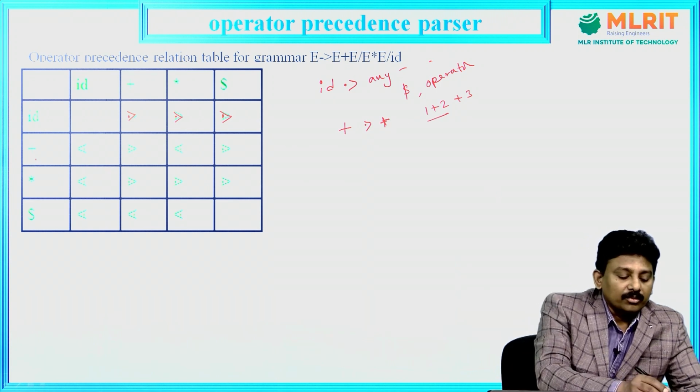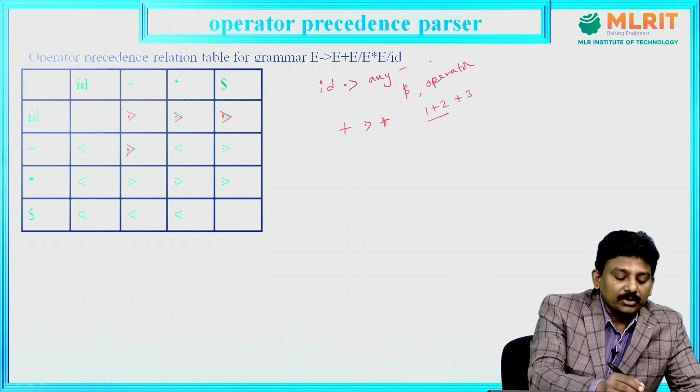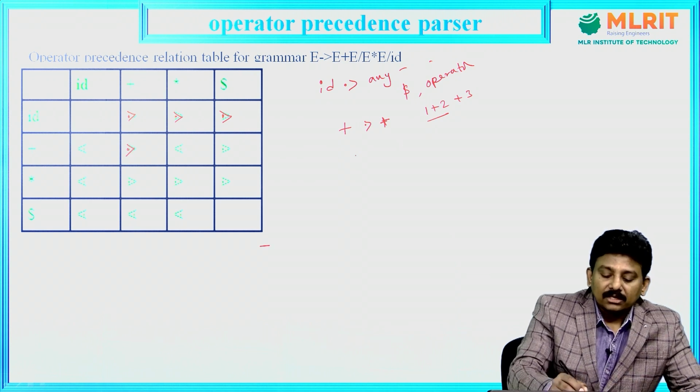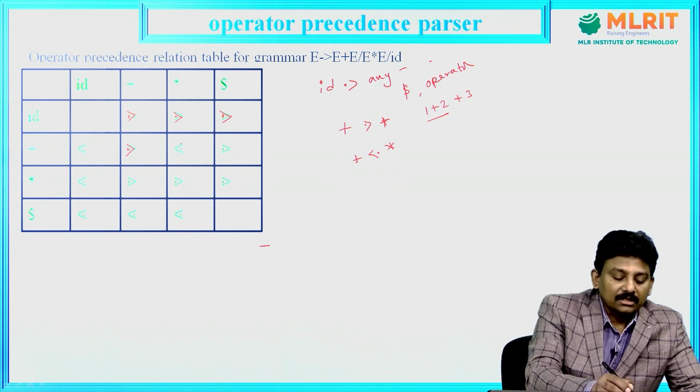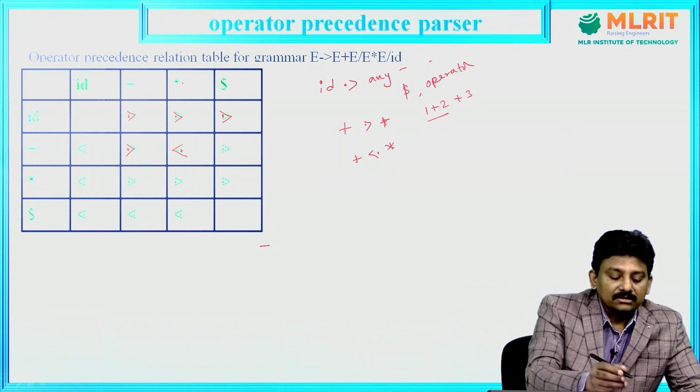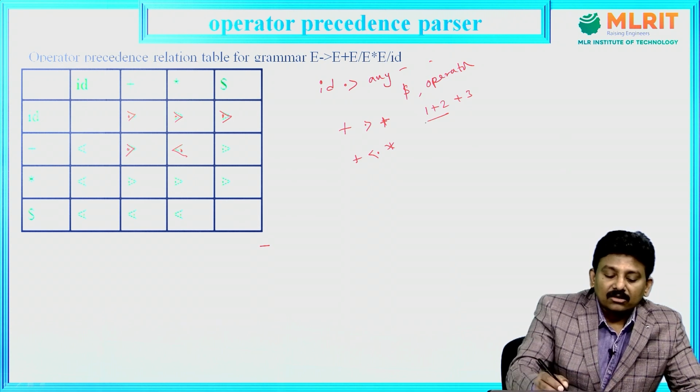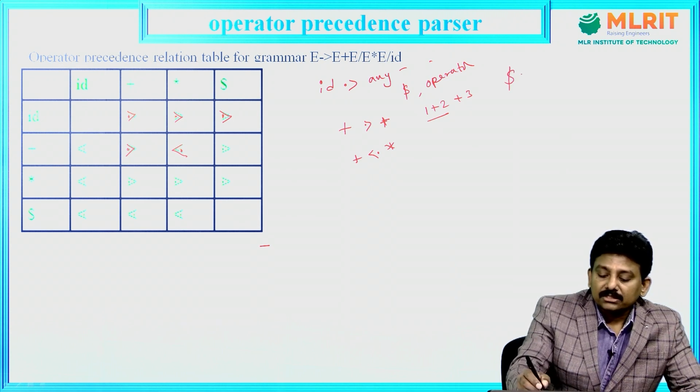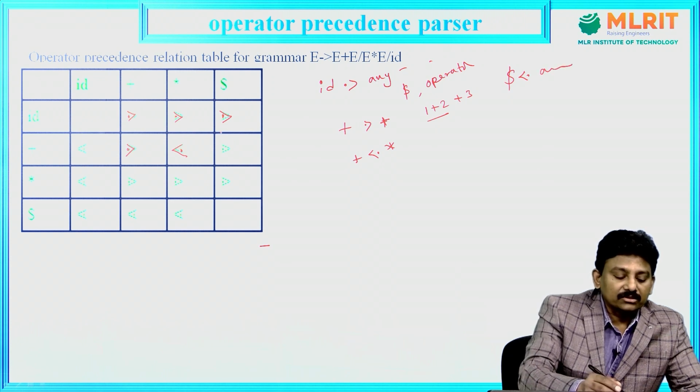Plus has less precedence than star, because star has more precedence. And dollar always has less precedence than any terminal or operator, so plus has more precedence than dollar.